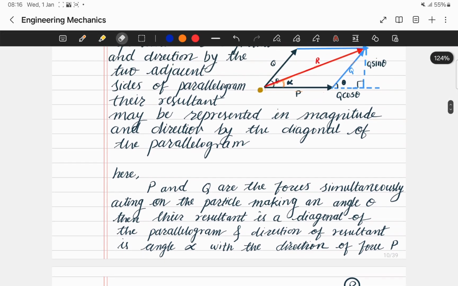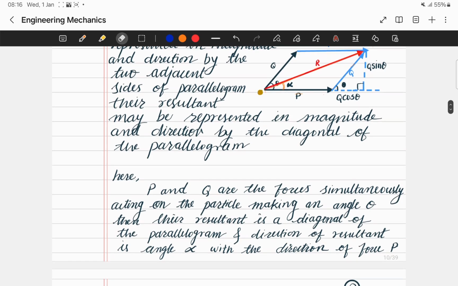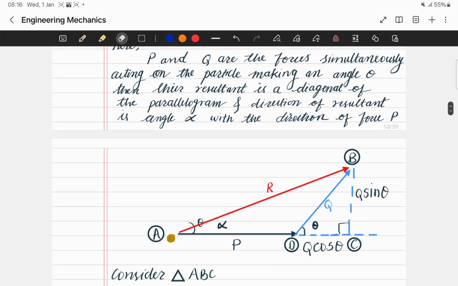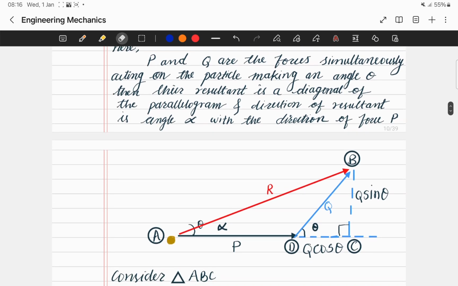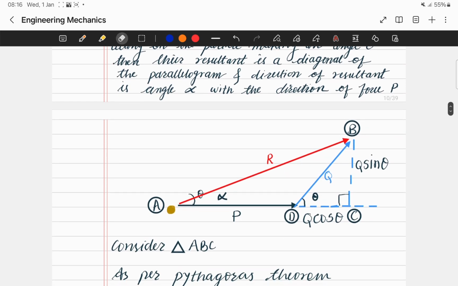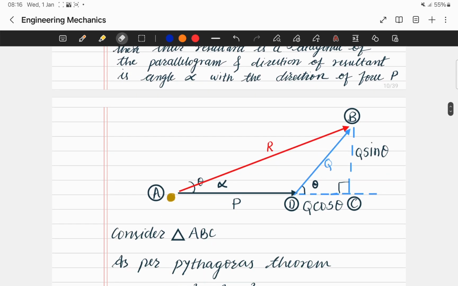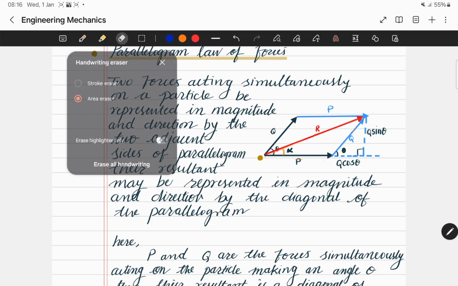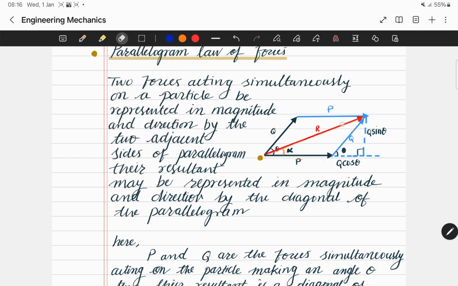So P and Q are the forces acting simultaneously on a particle making an angle theta, then the resultant is the diagonal of the parallelogram and the direction of the resultant is angle alpha with the direction of force P. Okay, so I have copied only this much part.